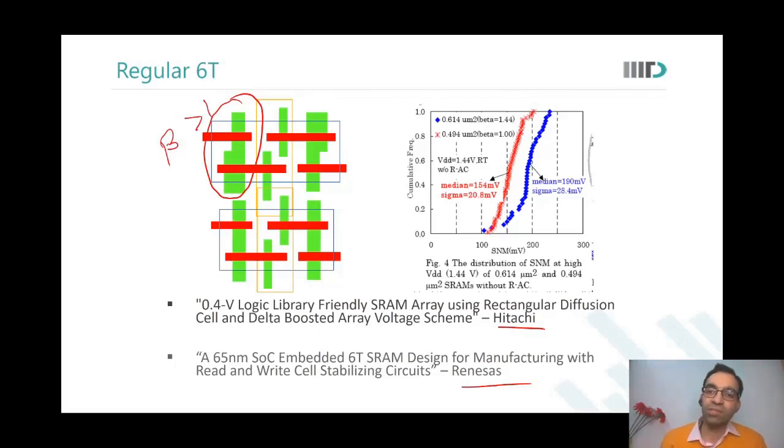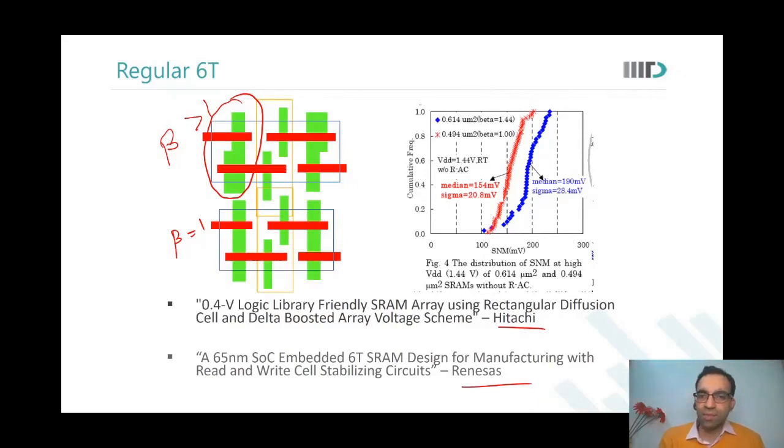But in advanced technologies, because of optical proximity errors and corrections or whatever mismatch due to that, we see that using a regular layout, beta ratio equal to 1 actually meant a better yield. Look at this. These are the results.